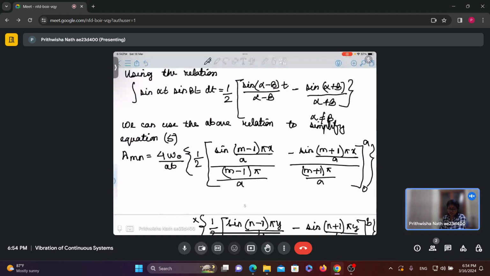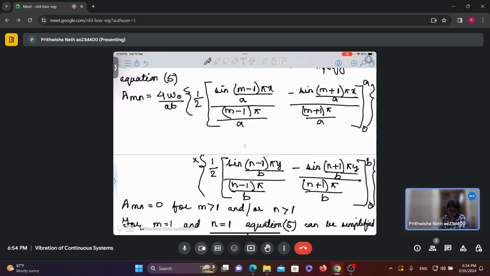After substituting, this is the form of the equation. We can say that AMN is 0 for m greater than 1 and or n greater than 1.